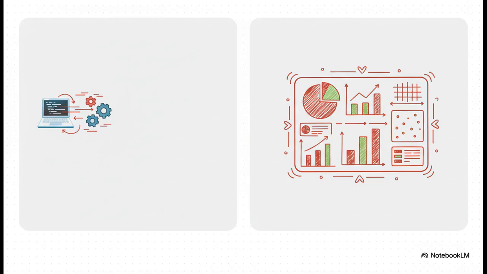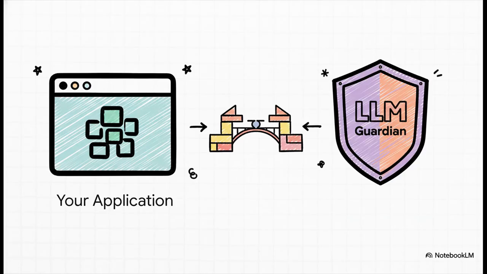But if you're more of a visual person, there's a dashboard for real-time monitoring and interactive control. And for those of you who need to bake this security directly into your own applications, there's a complete RESTful API. This lets you do deep, custom integrations, giving you the power to use LLM Guardian security components exactly how and where you need them. The key takeaway here is flexibility. You're not locked into one way of doing things.